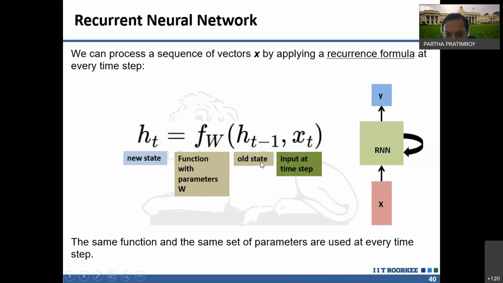So the input of this multilayer perceptron is xt plus ht minus 1, where ht minus 1 is your input from the previous state.